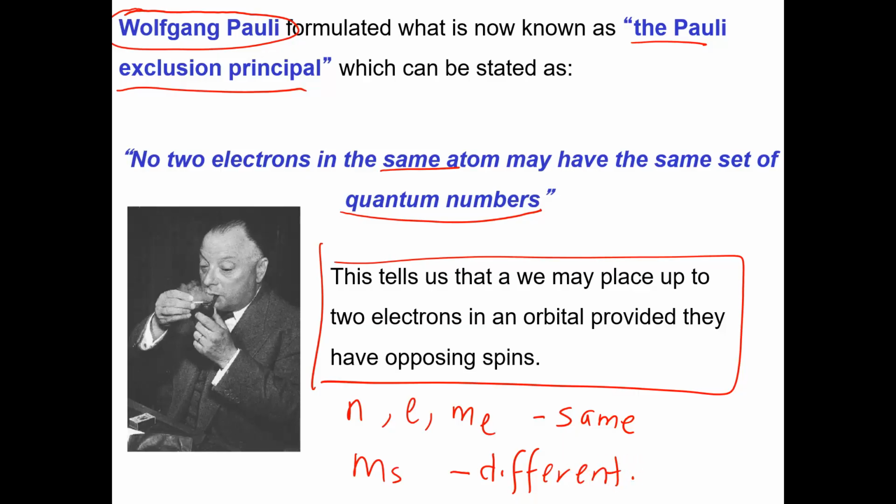So when they have n, L, and ml the same, that means they're in the same orbital. So they must have different spins if electrons are in the same orbital.